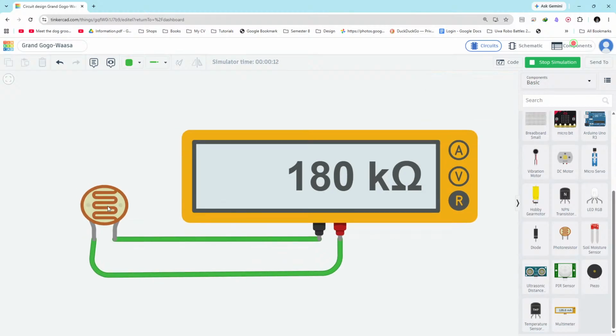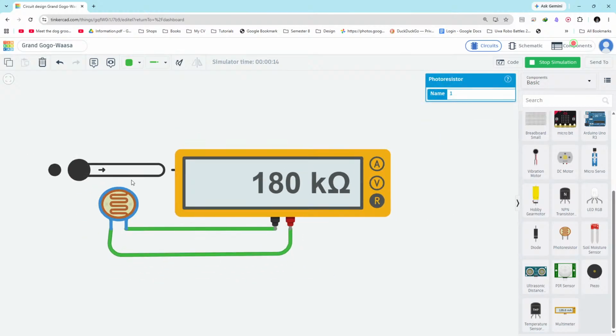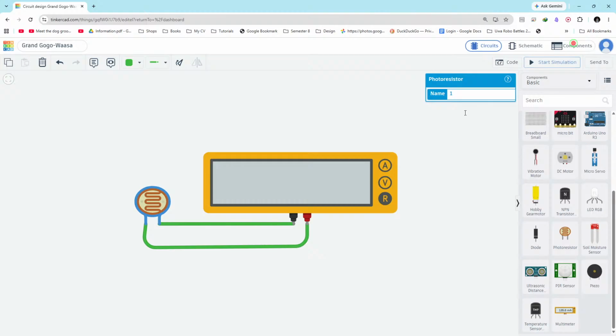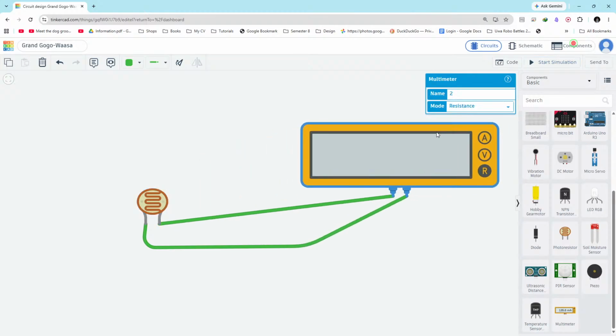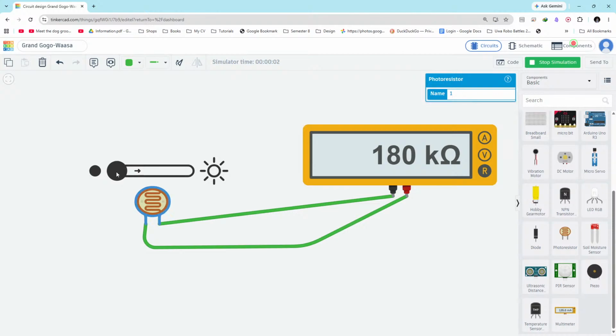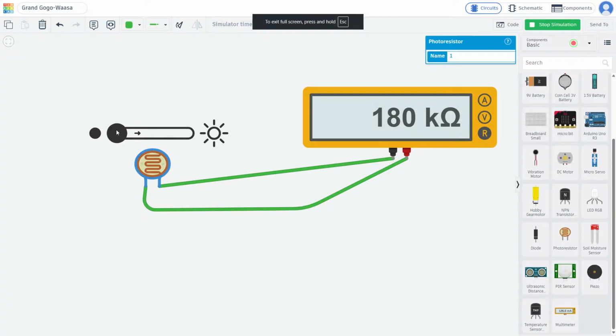When you click on this device, let me move this one to the side. I need to first stop the simulation. Let me move this to the side and click on start simulation. Can you see, when I click this one, you can vary the resistance of the LDR by shining light.